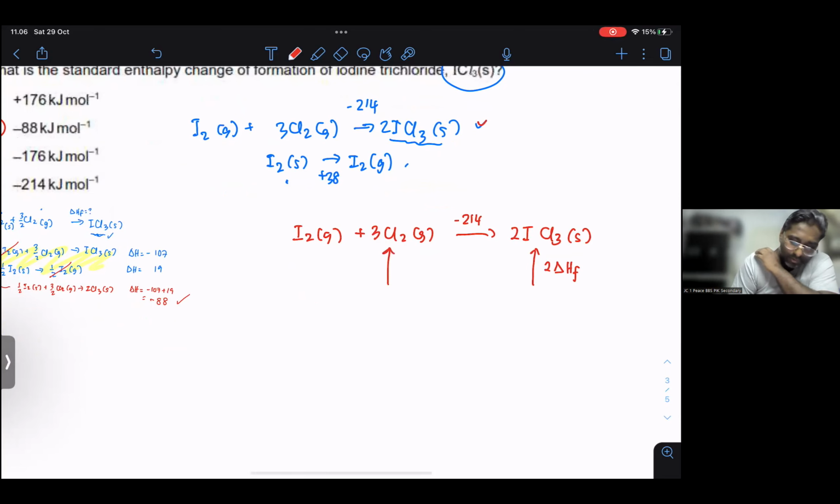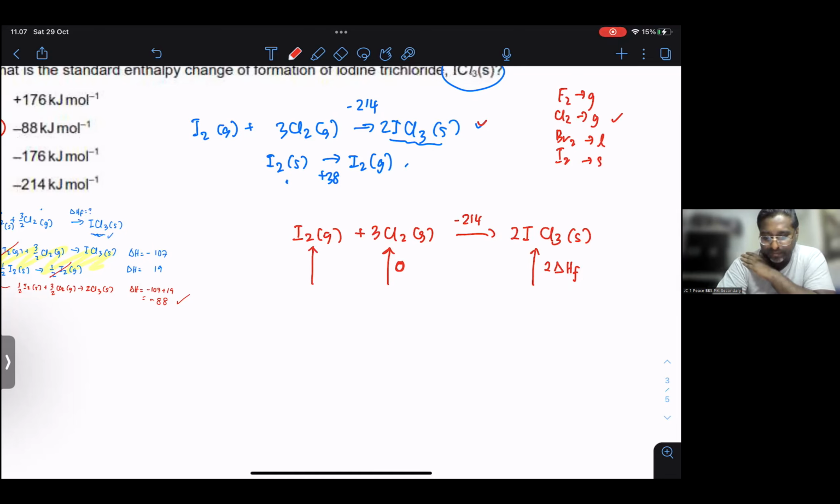To form Cl2 gas is 0. Do remember, at standard conditions, F2, Cl2, Br2, and I2: this is gas, this is gas, this is liquid, this is solid. So Cl2 is gas, you do not need to form that, so an element is going to be 0. I2 is also an element. Is it 0?